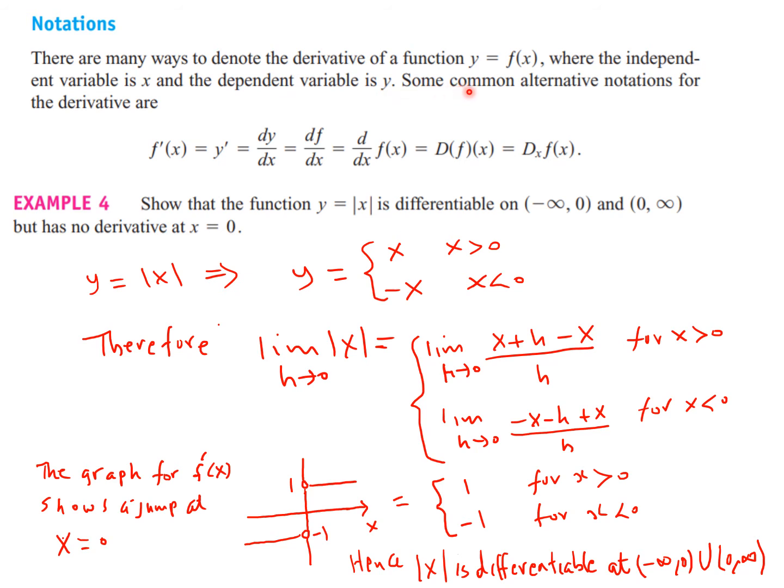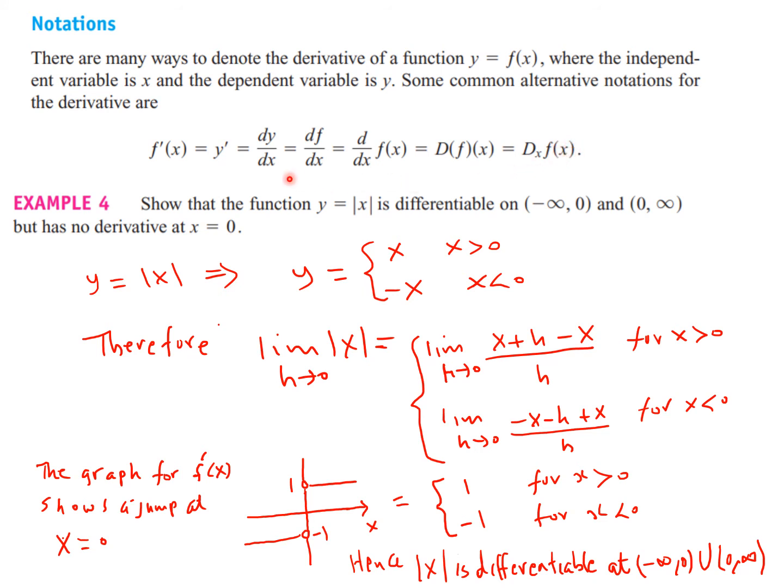Some common alternative notations for the derivative are f prime of x, y prime, dy by dx, df by dx, df of x by dx, capital D of f of x, and capital D with subscript x of f of x.